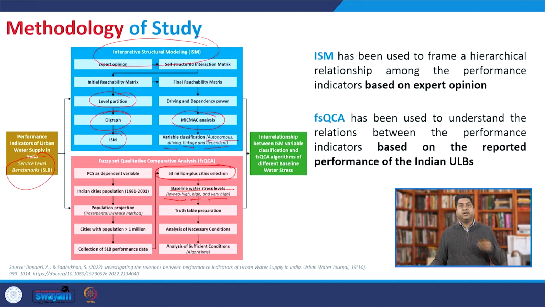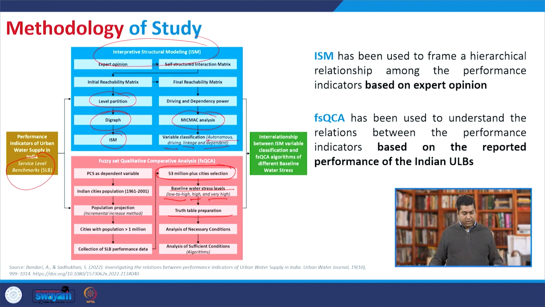What we observe is that the supply, or maybe the other parameters that are reported, have some sort of relationship with this. Wherever you have high water stress, it is expected that you have lesser supply, and then we try to establish the relationship. Then we did truth table preparation and analysis of necessary conditions.